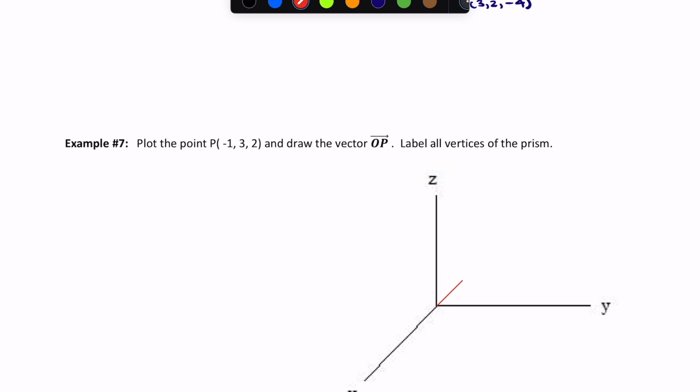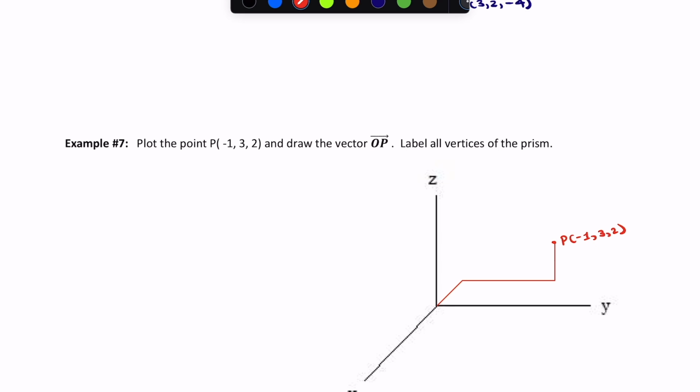It moves 3 units on the y, and finally it moves 2 units on the z here. Okay, so that's our point, -1, 3, and 2.